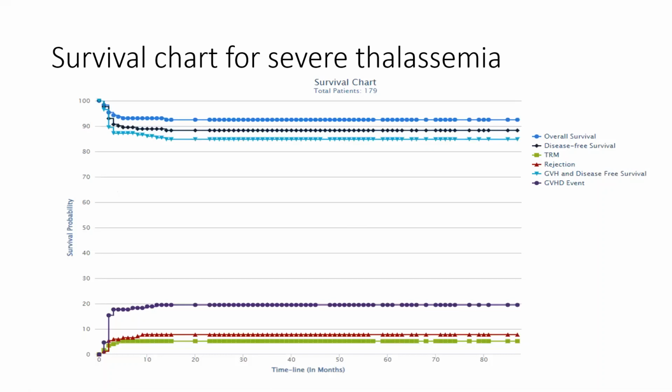Actually, I have taken only the severe thalassemia survival chart of our Bangalore center. In total we have transplanted 179 patients. We have done the BMTU. Overall survival rate is 91.4 percent, in almost 7 years of journey.